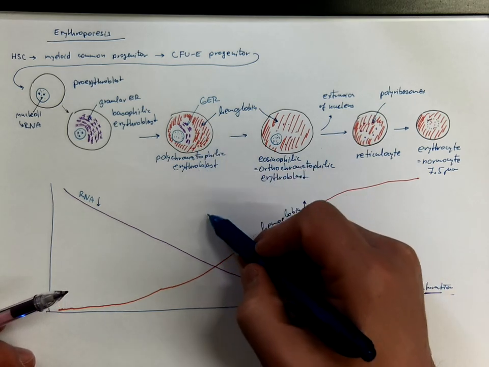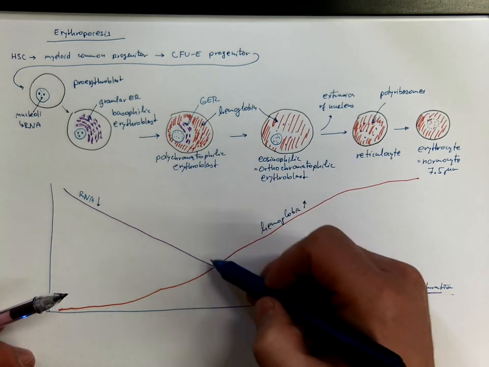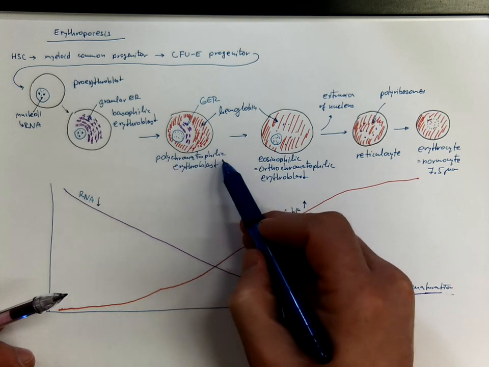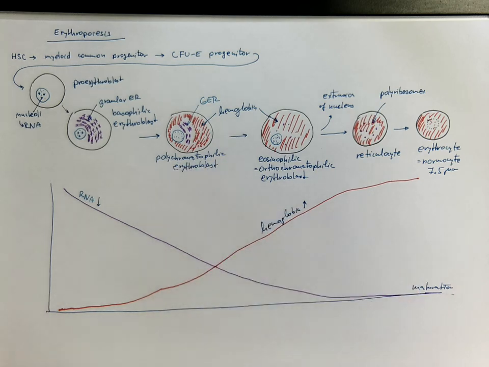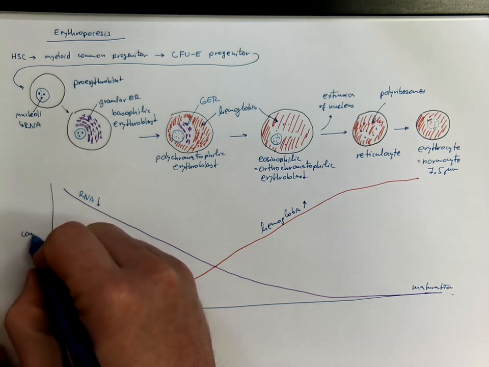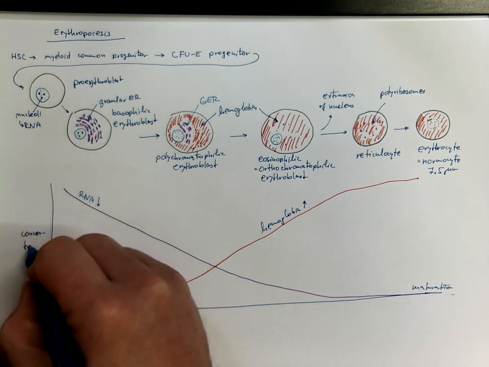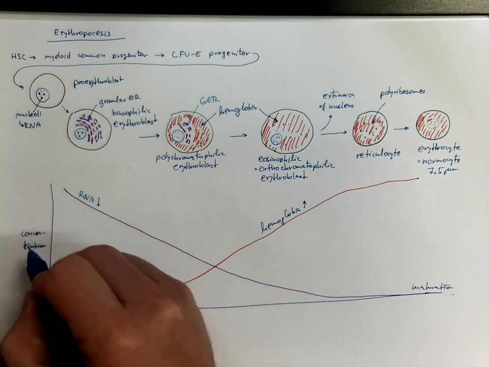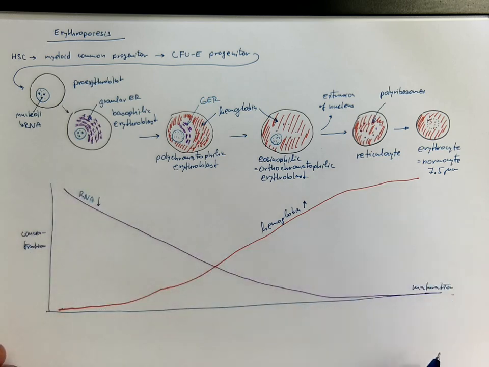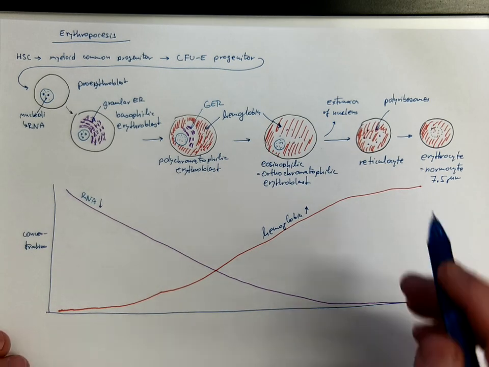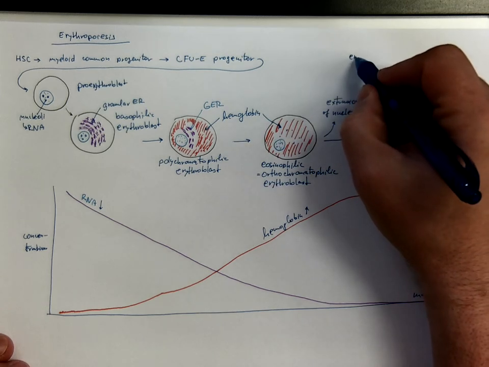Somewhere here we got a balance between these two both, therefore we have got the polychromatophilic erythroblast. So this will be concentration. This whole process is promoted by a hormone called erythropoietin.